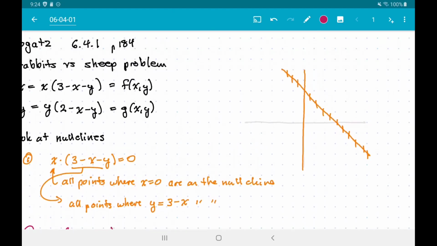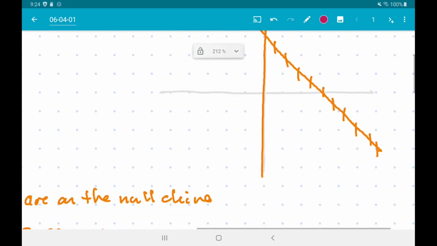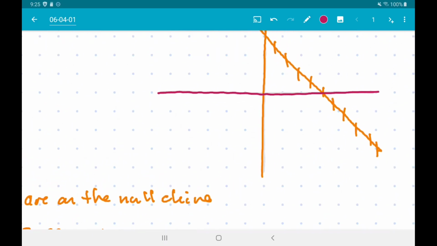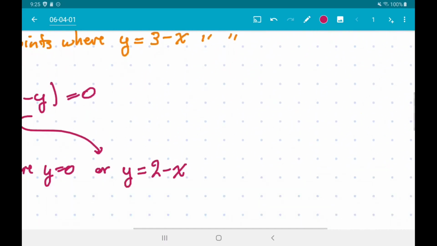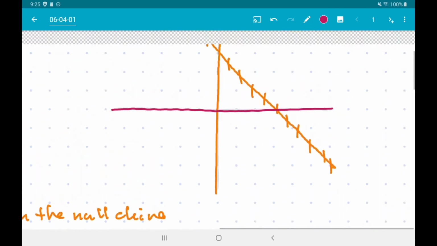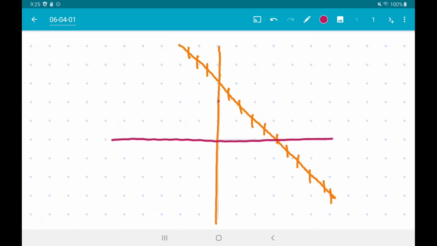Okay, well, the points where y equals 0, that's the horizontal axis, and the points where y equals 2 minus x, that's going to be a line through there and through there.